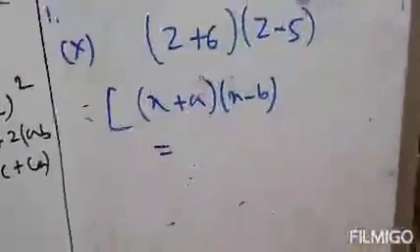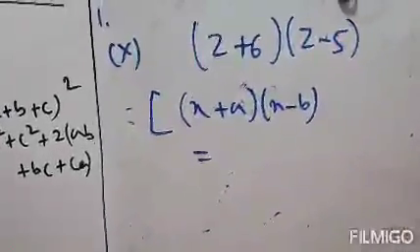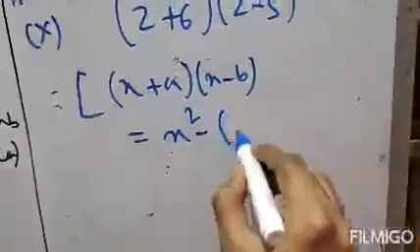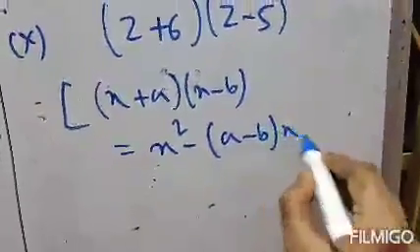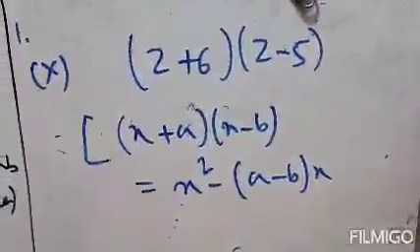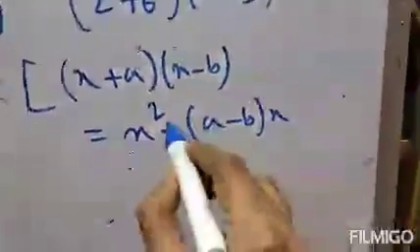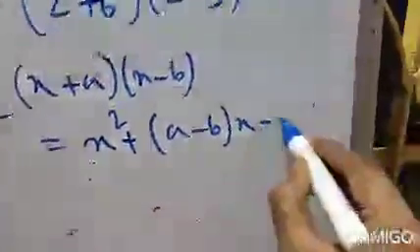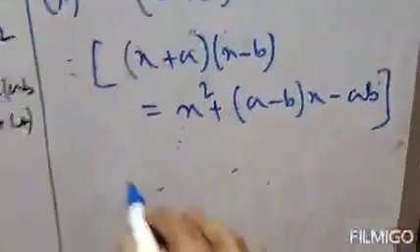So identity matched. Therefore this identity should be used, and the formula of this identity is x square plus a minus bx minus ab. This is your identity. Clear?